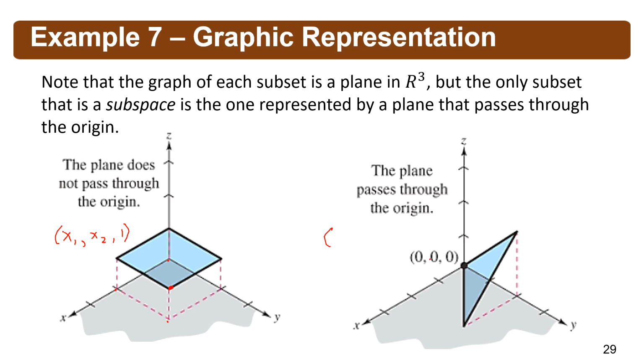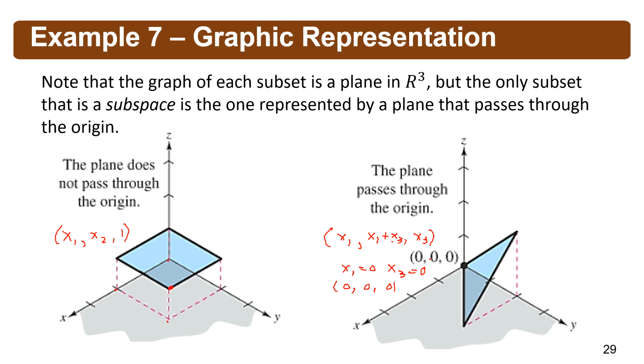But in this case, let's take an example where you have the form x sub 1 plus x sub 3, and then x sub 3. Now, if my x sub 1 is 0 and x sub 3 is 0, so therefore my middle term is also 0.